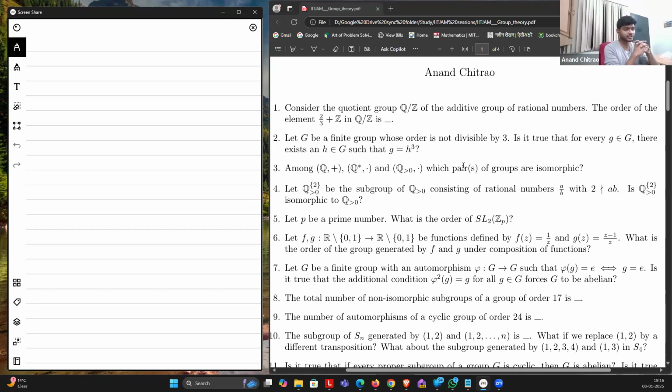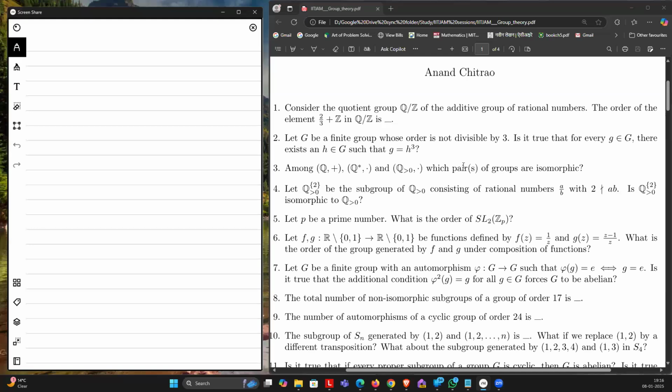So you're saying for every g, you can take h to be identity. Sir, in Z2 one cannot be written as 1 plus 1 plus 1.